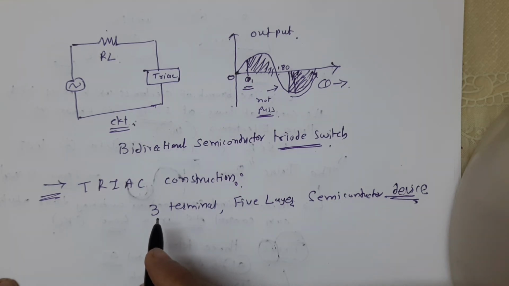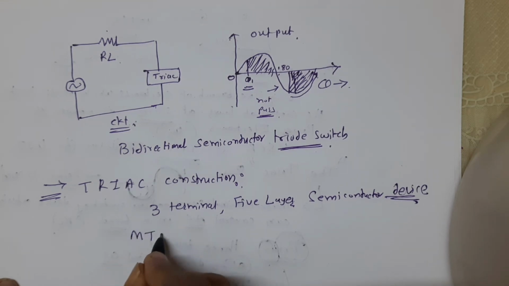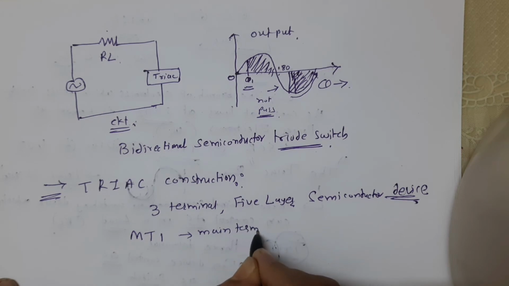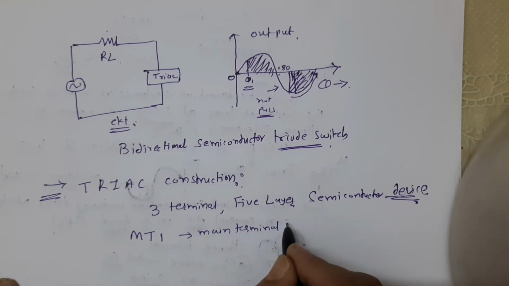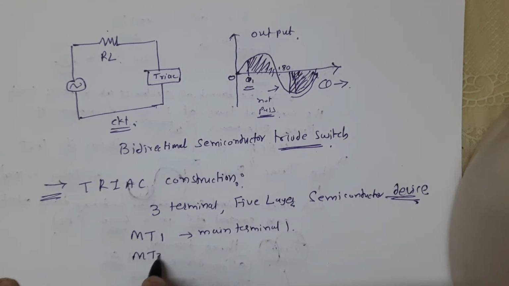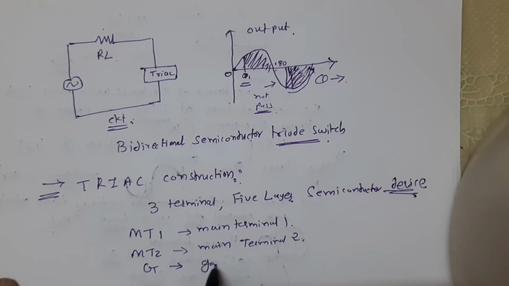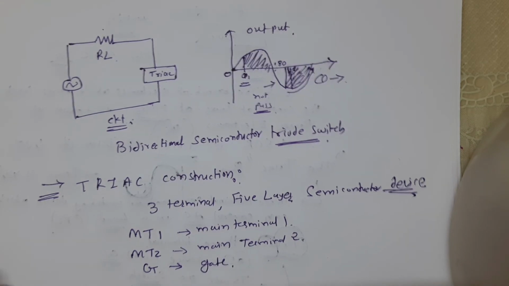The three terminals are designated as MT1, that means main terminal 1, MT2, that means main terminal 2, and G, that means gate terminal.